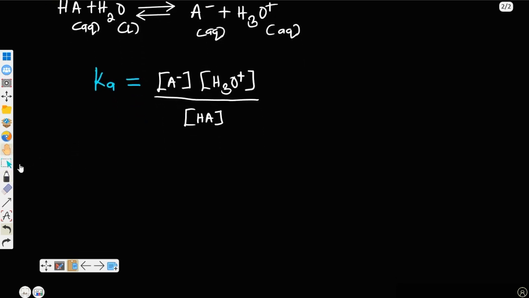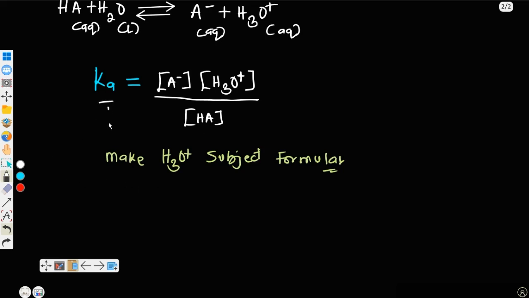So next step, make H3O plus the subject of the formula. Is that okay? Now if you make H3O plus the subject of the formula, what are we going to have? This one multiplied by this, abi.